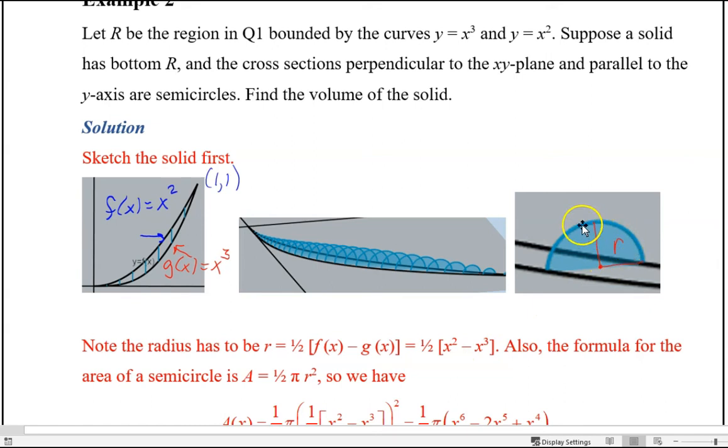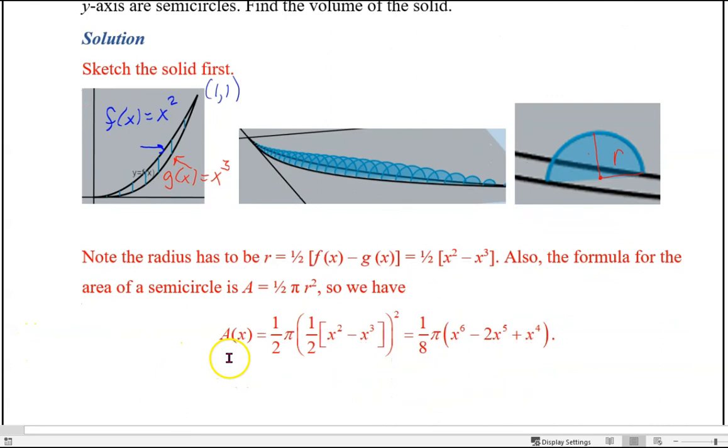The formula for the cross section has to be the formula for a semicircle. The formula for the area of a circle is pi r squared, so the area of the semicircle is half of pi r squared. That gives us the area of the cross section, 1/2 pi r squared, where r is half of f of x minus g of x.